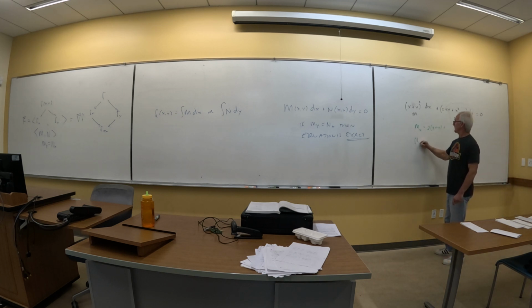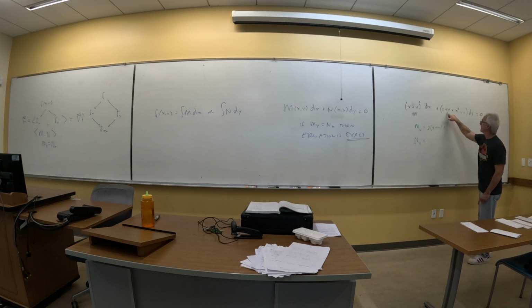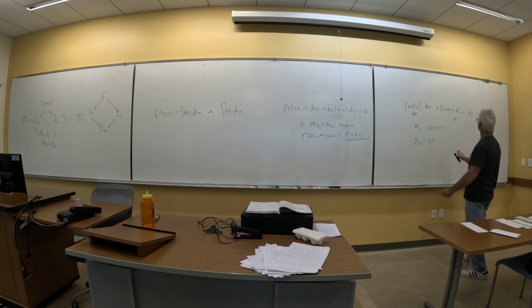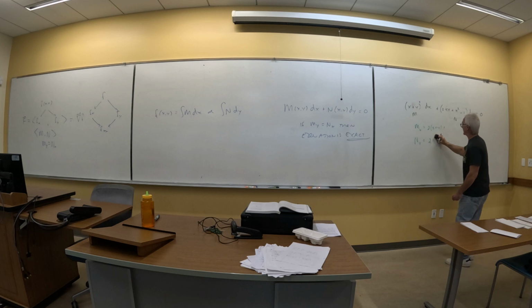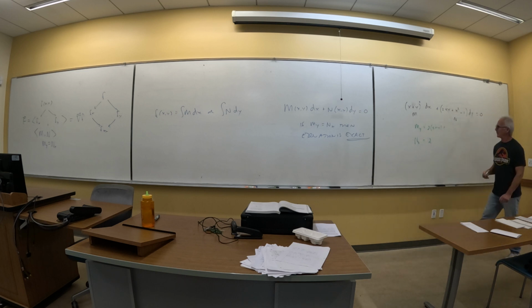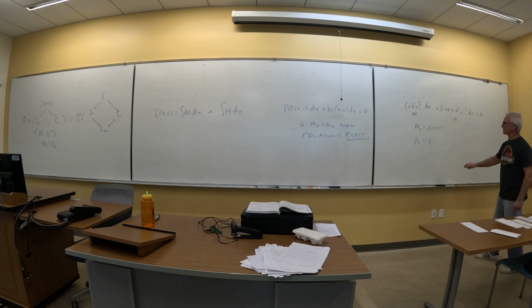What is the partial of N with respect to x? I'm sorry. Hold on a second. With respect to x. I said that wrong. My bad. I'm looking at that going, that's not right. Okay, sorry. Too close to the board.